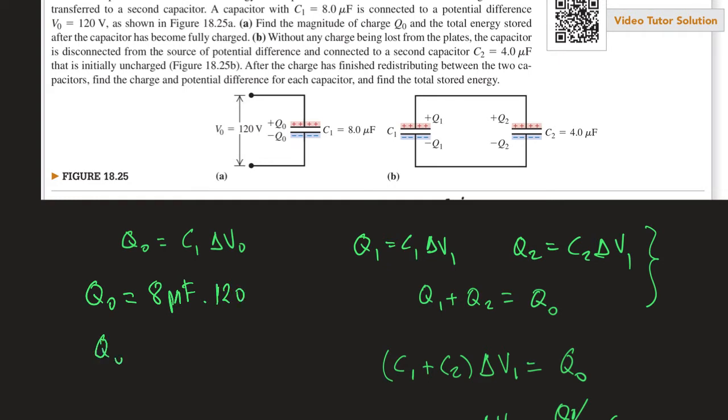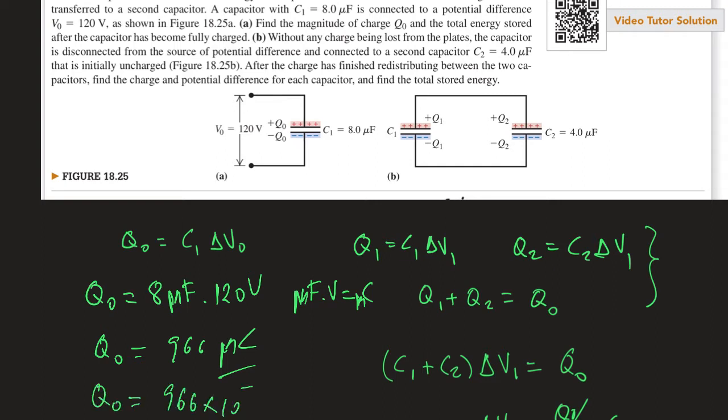So the total charge is 960 microcoulombs. You see that is microfarad. Farad by volts is coulombs, but microfarad by volts is microcoulombs. Or if you prefer, the charge that you can place is 960 by 10 to the minus 6 coulomb. Okay, so the first part is done.